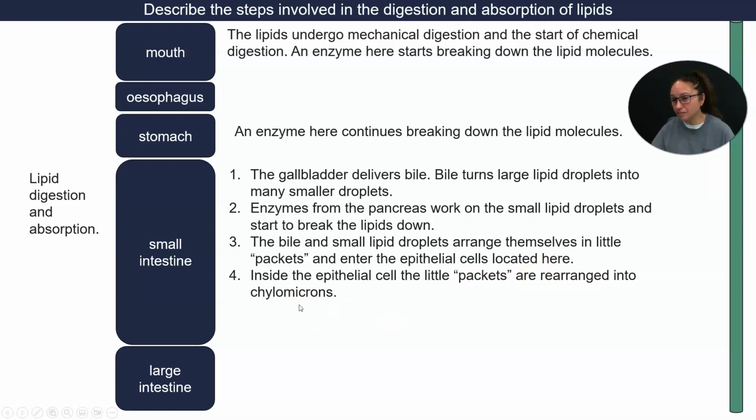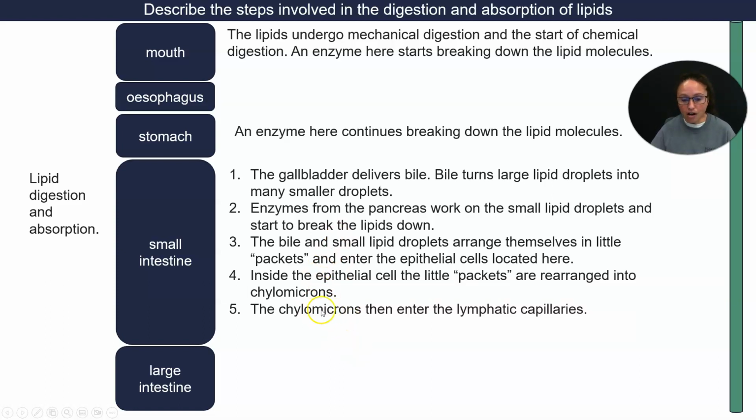I'm going to show you a picture of this in a minute. Because lipids are hydrophobic, we have to package them up in order to get them where they need to go. So it's not as easy as the other ones.